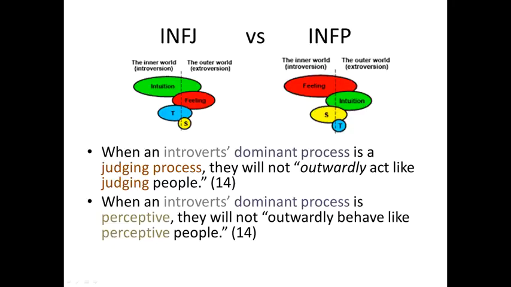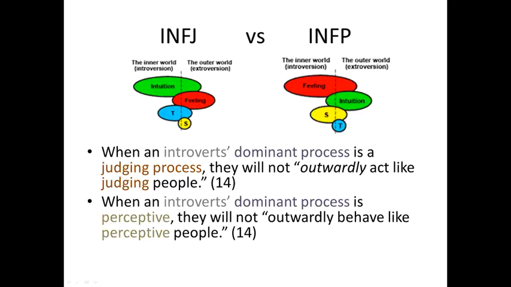Now, here's where this comes in, right? Because now the P in INFP is modifying the second function, the auxiliary function, because the dominant one is introverted, and the last letter describes what other people are seeing, how they interact with other people.